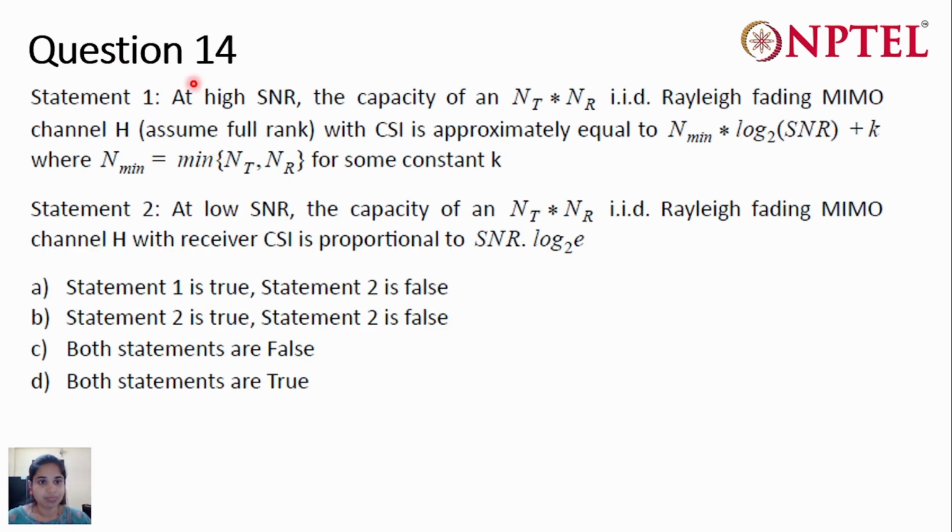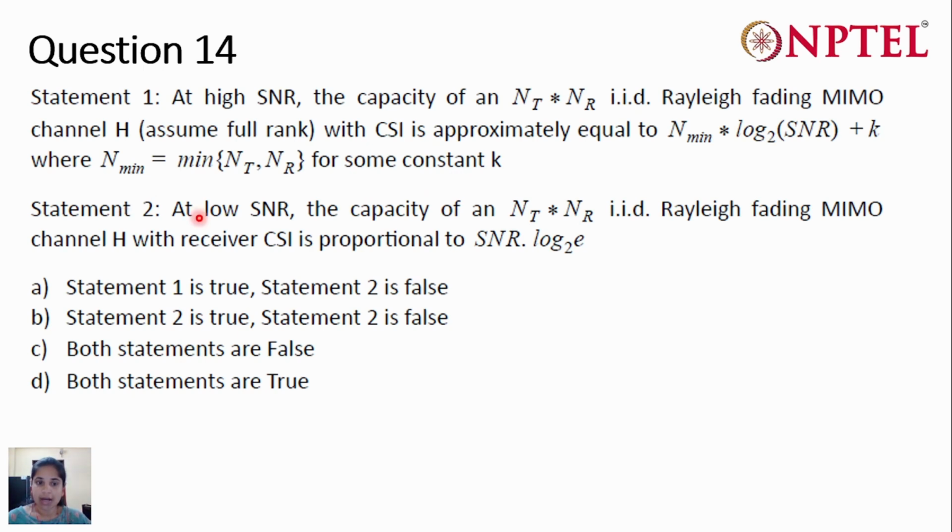The last question. Statement 1: at high SNR, the capacity of an NT cross NR IID Rayleigh fading MIMO channel with full rank with CSI is approximately equal to N min into log to the base 2 of SNR plus K, where N min is the minimum of NT and NR and K is some constant.